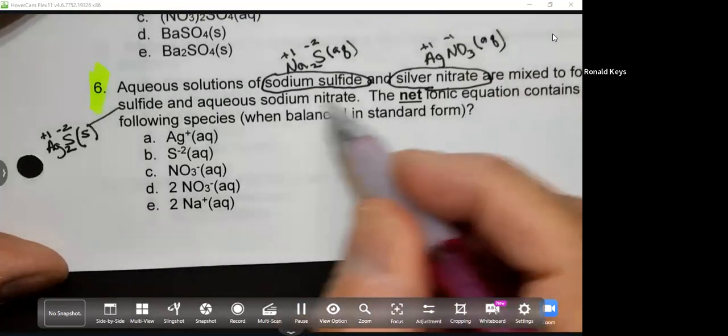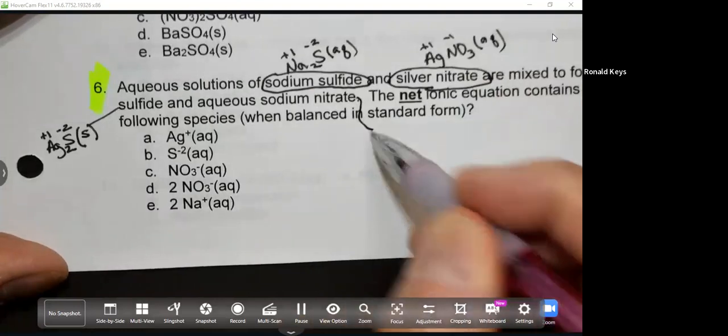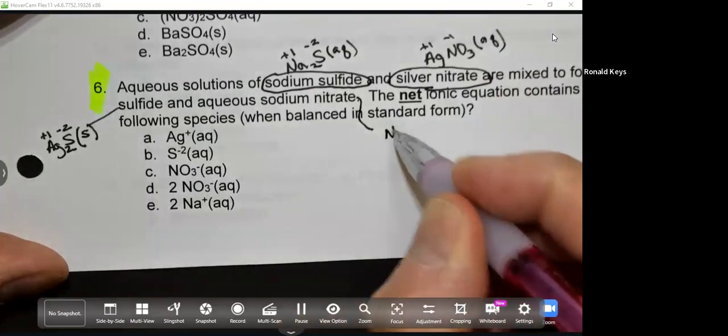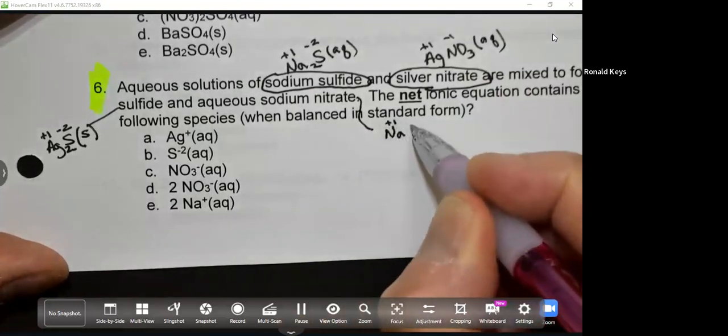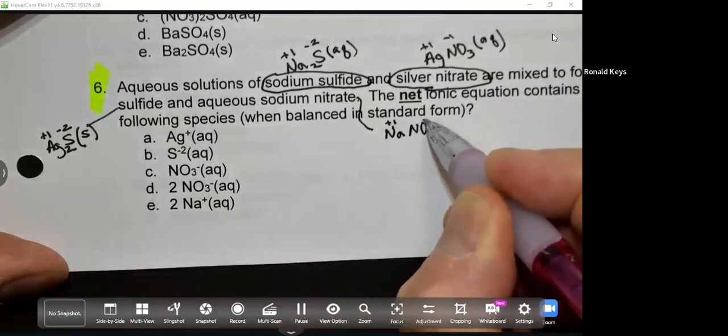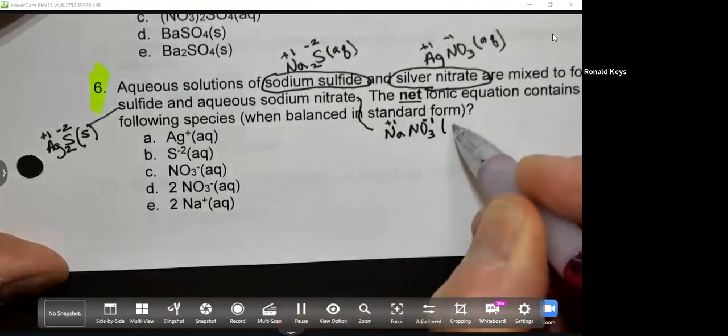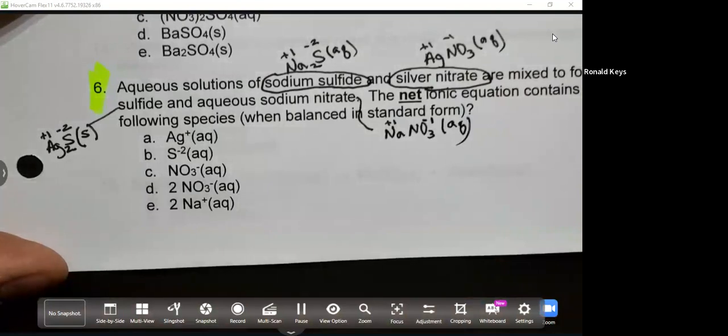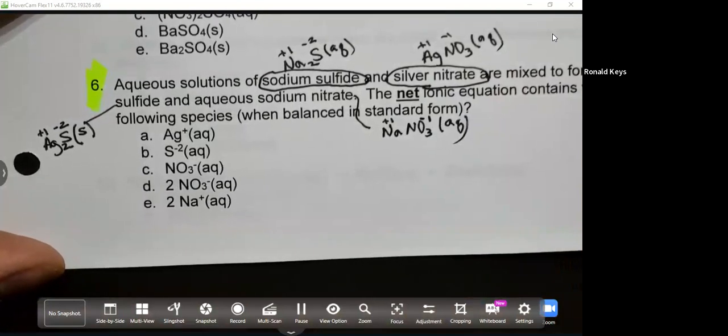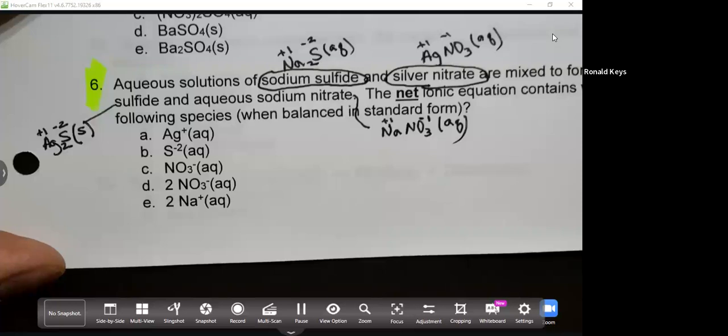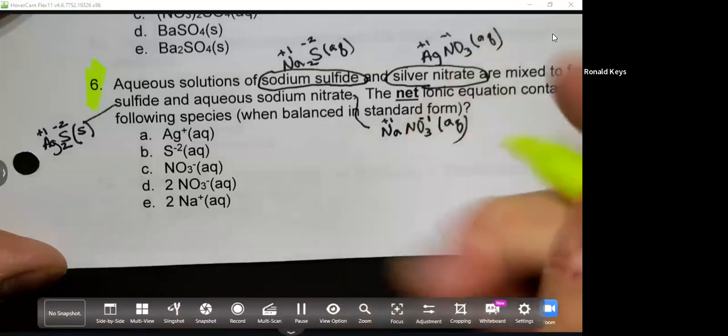And then we get an aqueous solution of sodium nitrate, Na plus 1, NO3 minus 1, aqueous. And we're looking for net ionic out of this.